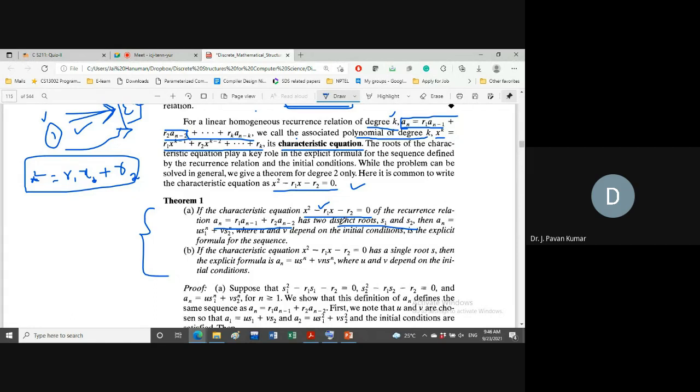Let us consider x² - 4x + 4 = 0. What are the roots? Please tell.